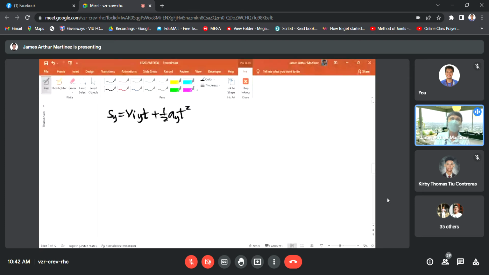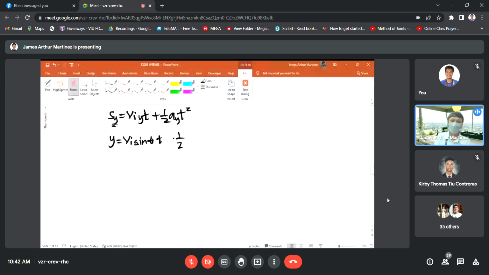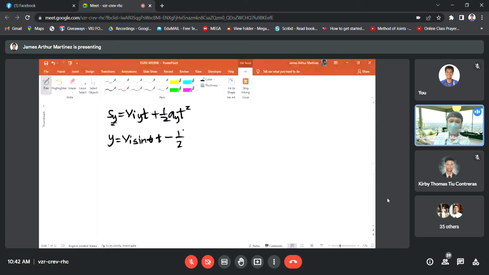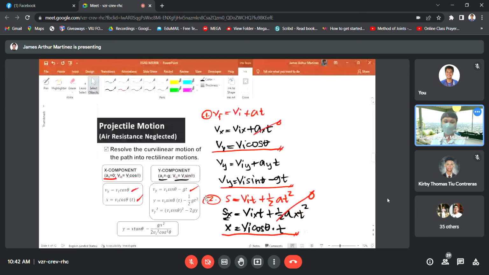So, we are computing the vertical distance, so y, atong i-denote as y. Viy is Vi sine theta times t plus, since Ay is negative g, atong i-direct substitute sa atong equation, so minus 1 half gt squared. Okay? And mao na siya inyong makita sa inyong equation or formula.